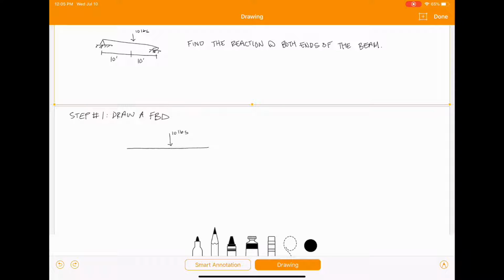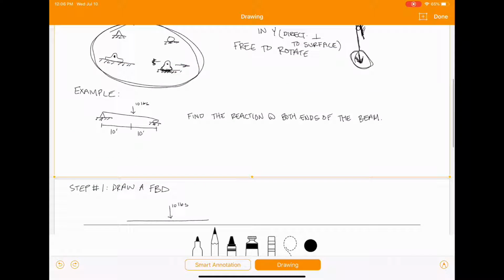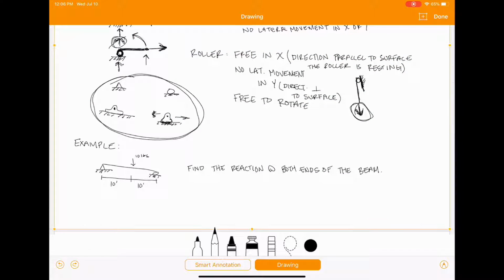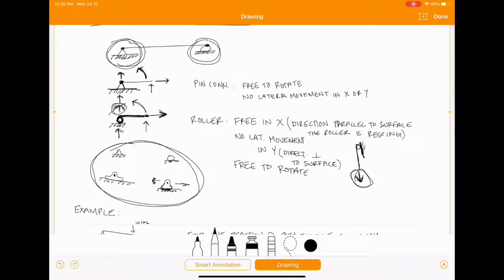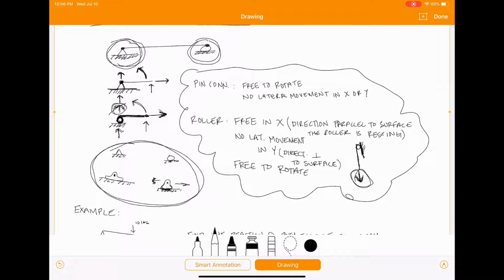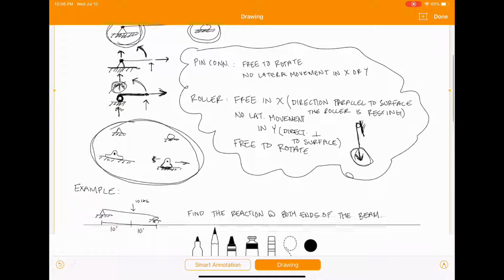You're going to apply reactions in the directions where they're not being allowed to move. So from this information right here, we're going to be able to know how to draw our reactions onto this beam. Anything that's keeping that beam from moving in any direction or any rotation, you're going to draw a reaction.